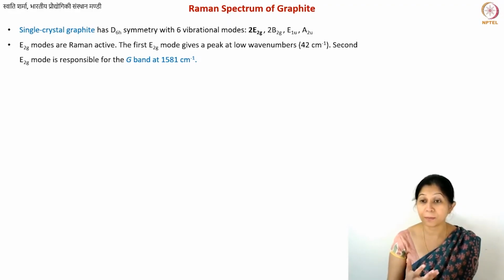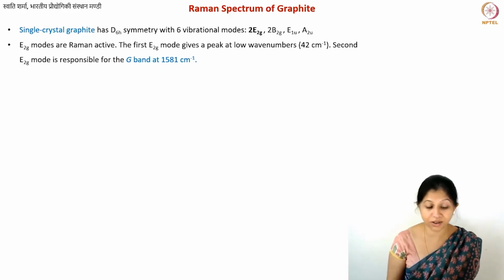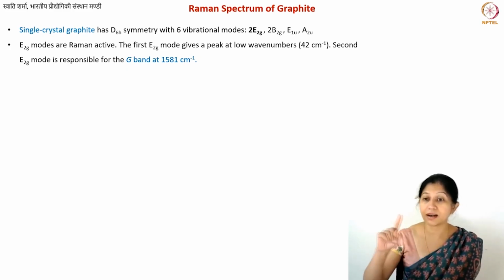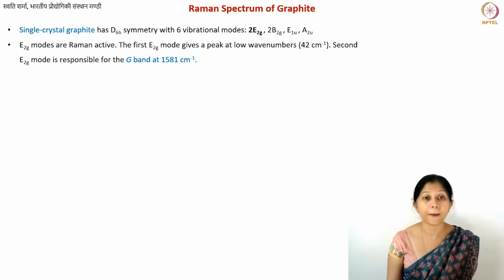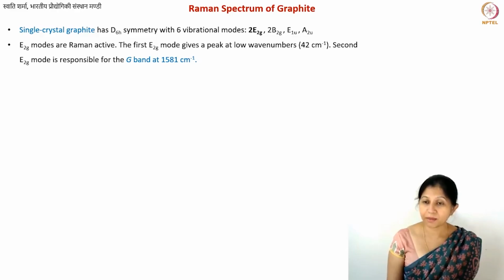What we do see, and that is what is known as the signature peak for graphitic carbons in Raman spectroscopy, is the second E2G mode, the intensity that is the result of the second E2G vibrational mode, that gives you what is known as the G band at approximately 1581 centimeter inverse. Okay. This is called the G band because it is a characteristic graphite peak. So for G, people often use the term graphite band.